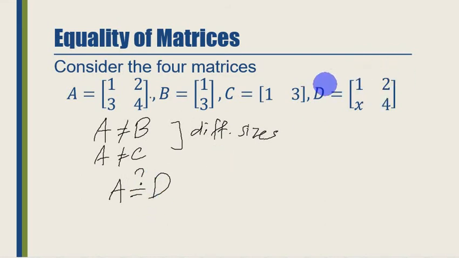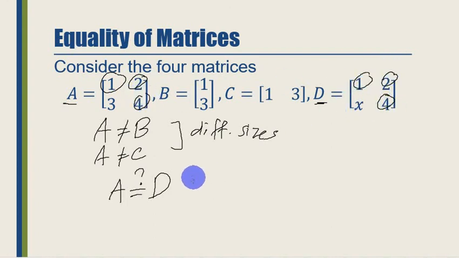However, we have to be sure that their entries are exactly the same, apart from their sizes. We know that A and D have a similar 2 by 2 size, and the elements of A will be 1, 2, 3, 4. The elements of D, 1, 2, X, 4. 1, 2, and 4 are already secure.